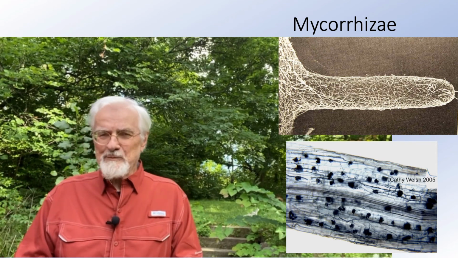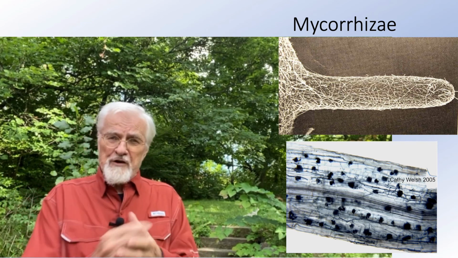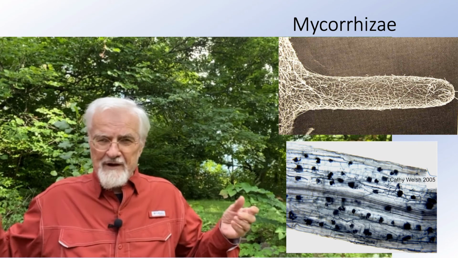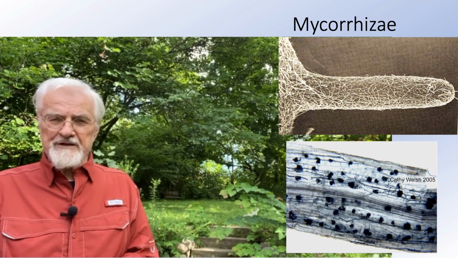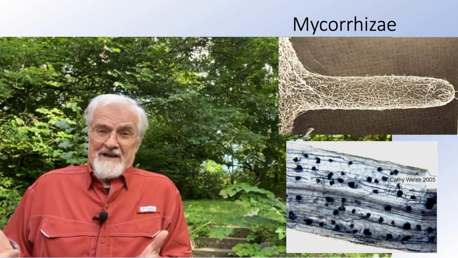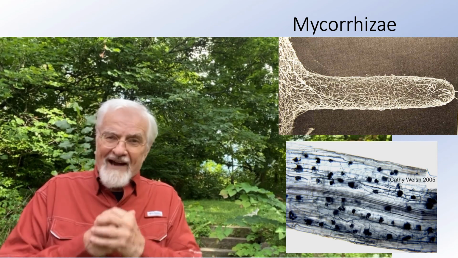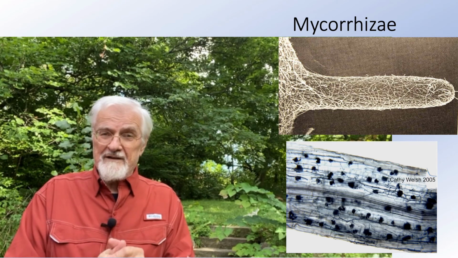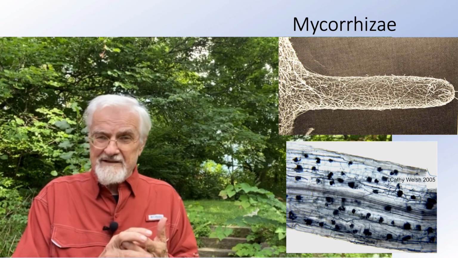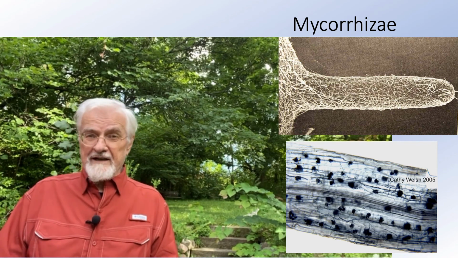Now, what we do know frequently happens is that the fungus transfers nutrients from the soil into the plant. The plant basically gives it carbon and it forages for nutrients for the plant. However, under certain circumstances, if the plants are not nutrient limited, for example, the fungus still can be there, still extracting carbon from the plant, but not really adding any benefit to the plant. So depending on conditions, you can have a mycorrhizal association with a plant which is either negative or positive.